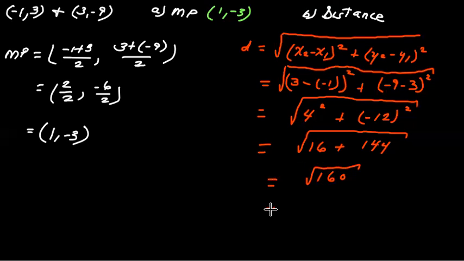And the square root of 160, round it off to 3 significant figures, is 12.7 units. So there you go. That's the midpoint, and that's the distance. Easy like a Sunday morning. It just requires some practice.